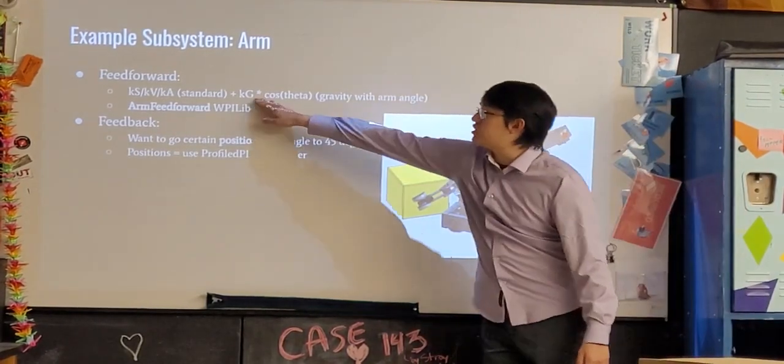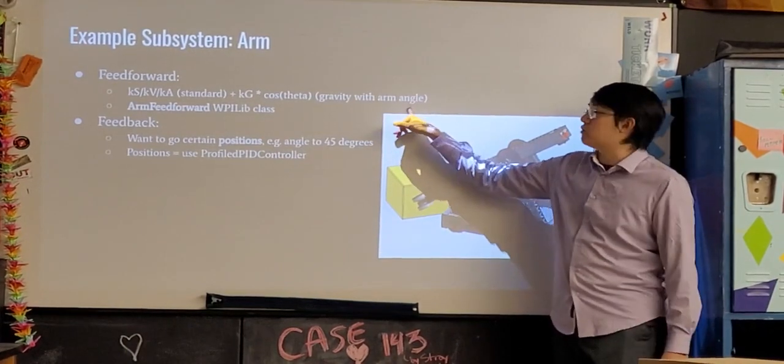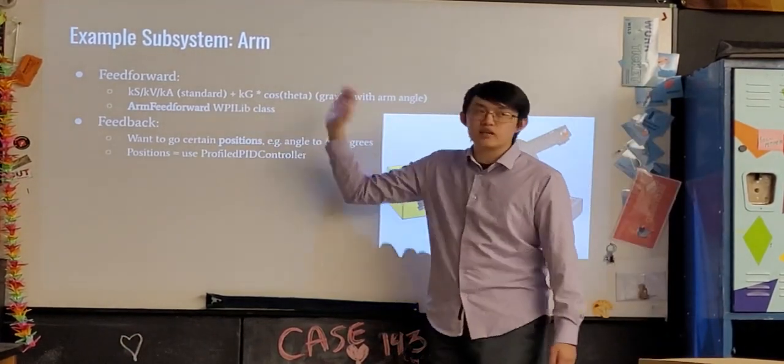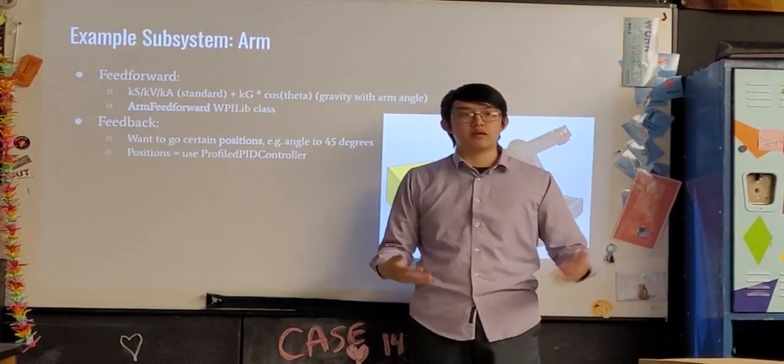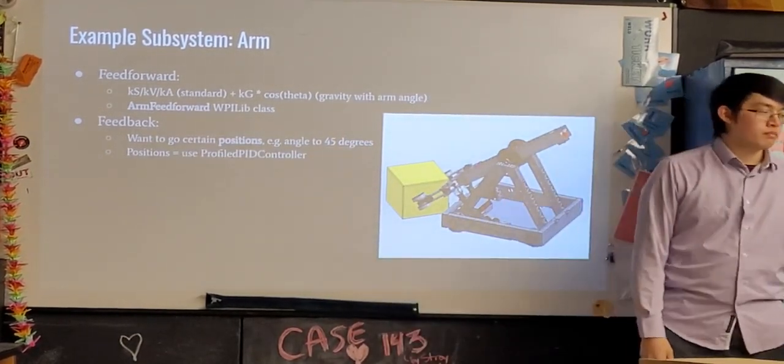So thus, kg times cosine of theta, gravity with an arm angle. And this calculation is again pre-built into WPILib. It's called arm feed forward. That's the class that you would use.